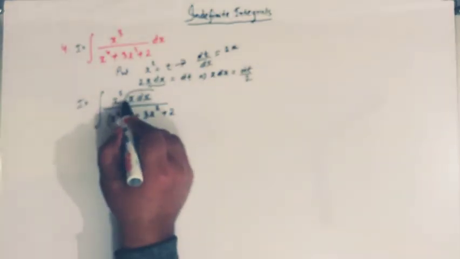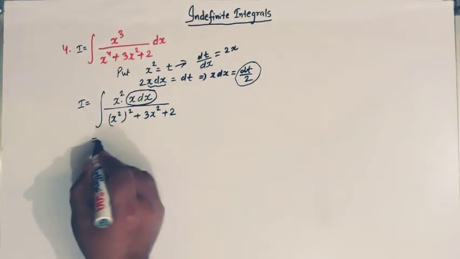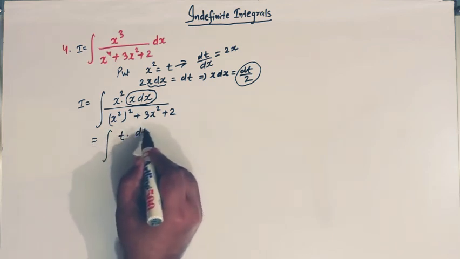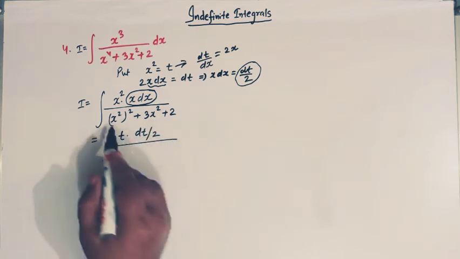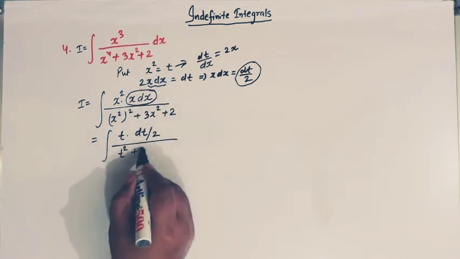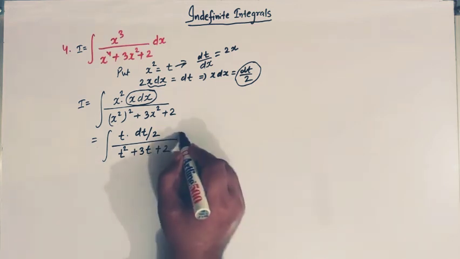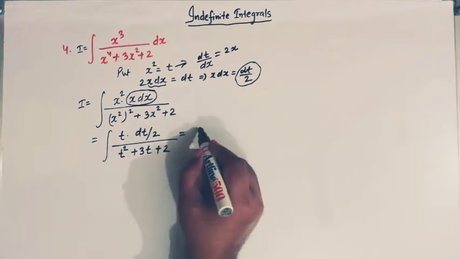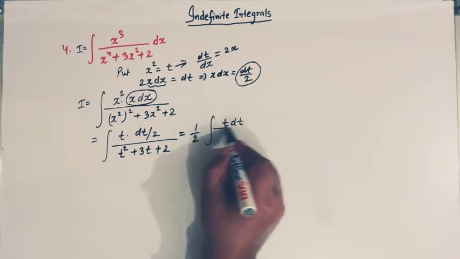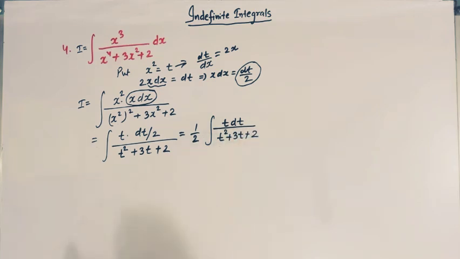Now for x dx we can substitute dt over 2, and for x square we have t, so this is t square plus 3t plus 2, right? And this can be now written as half t dt divided by t square plus 3t plus 2, right?